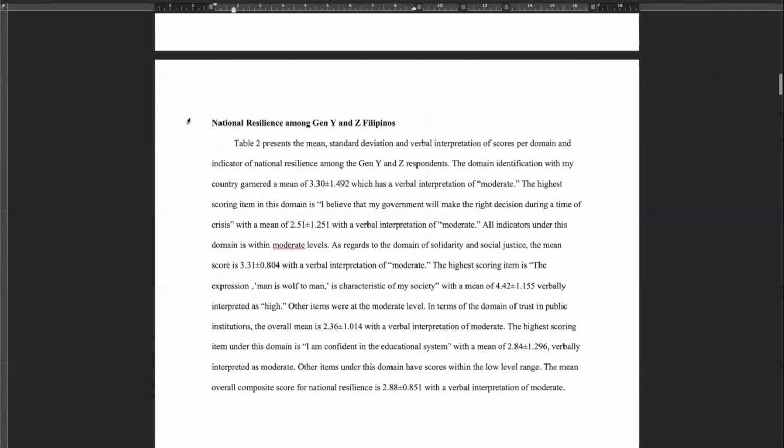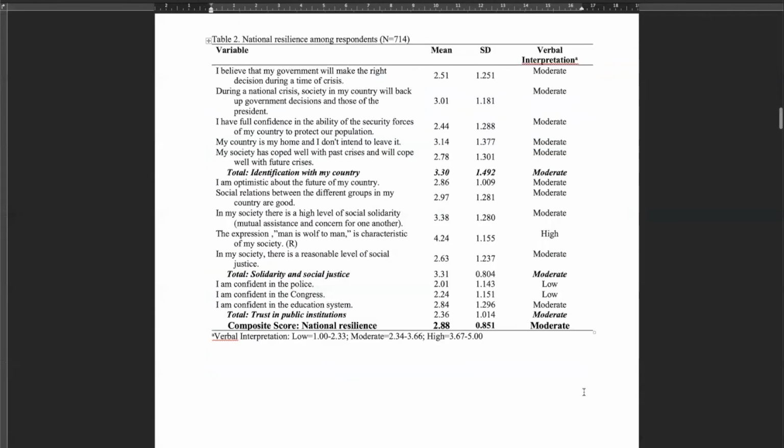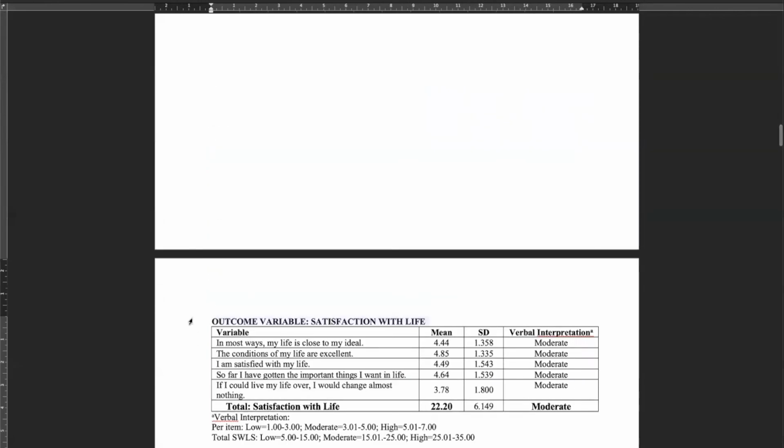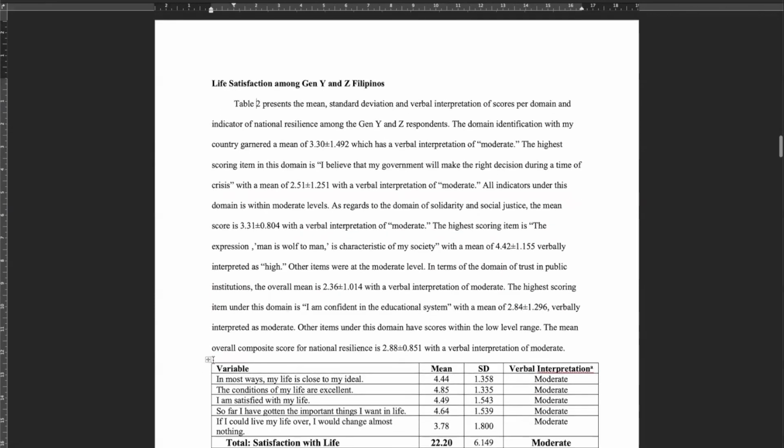So I'll just copy paste this one here. And then let's do this. Okay, the total is here. Then let's complete everything. So life satisfaction. So tables, and then we name this table.